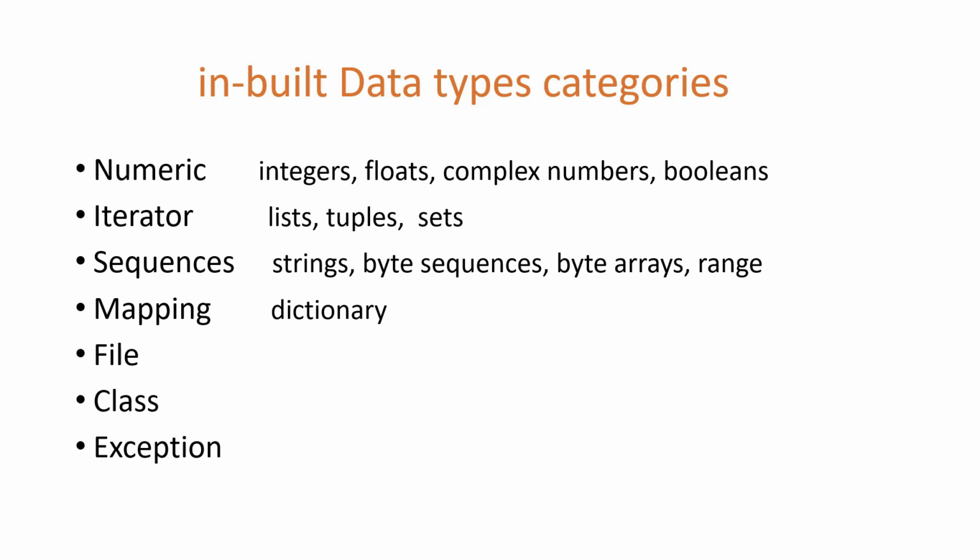There are many categories. I am explaining one by one. Categories are numeric, iterator, sequences, mapping, file, class, exception. There are many inbuilt data types in these categories.